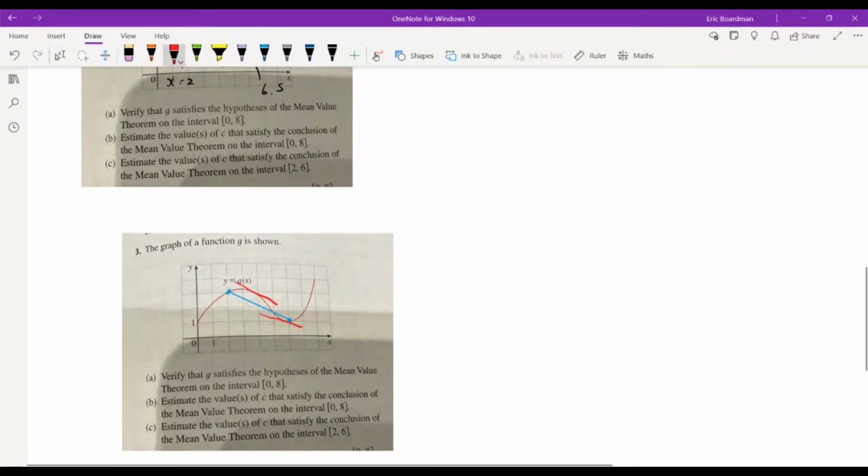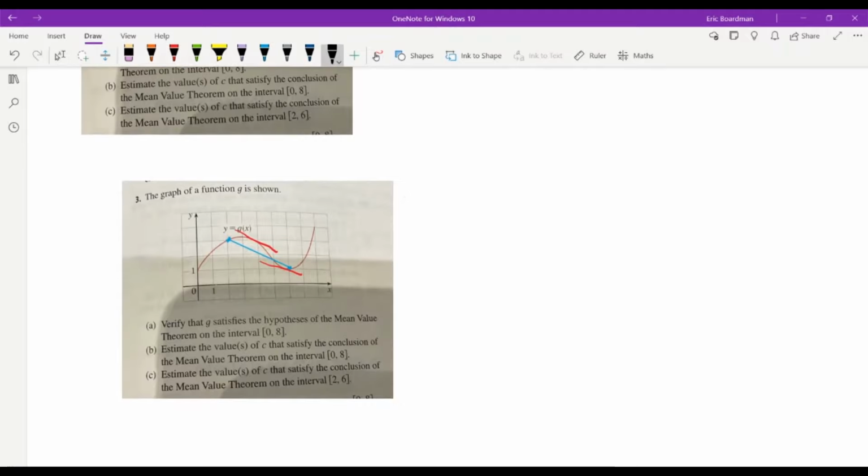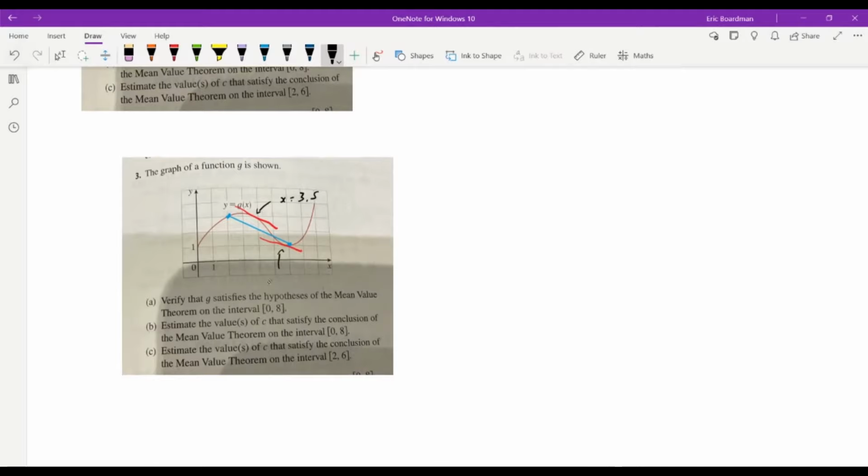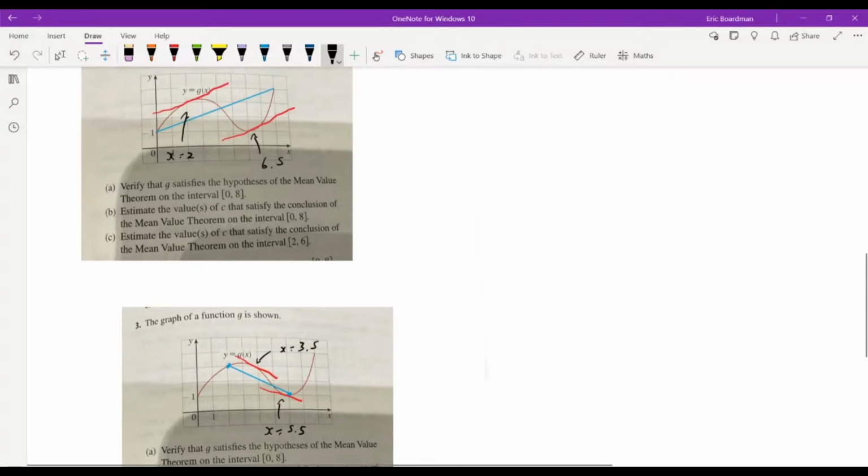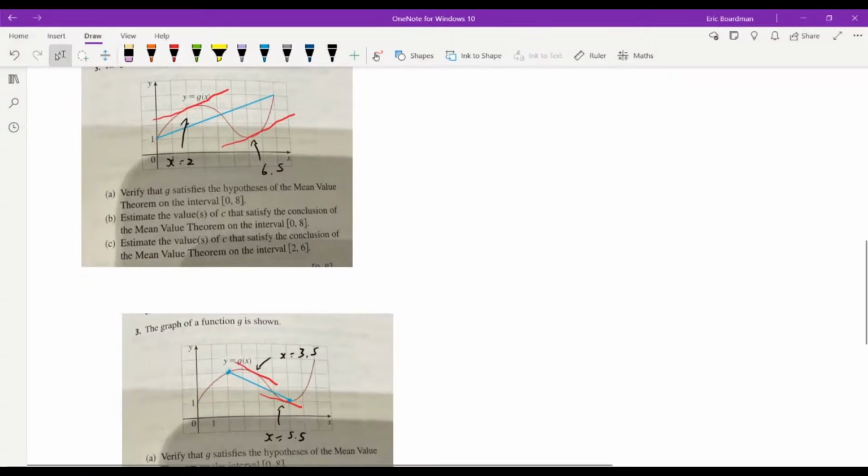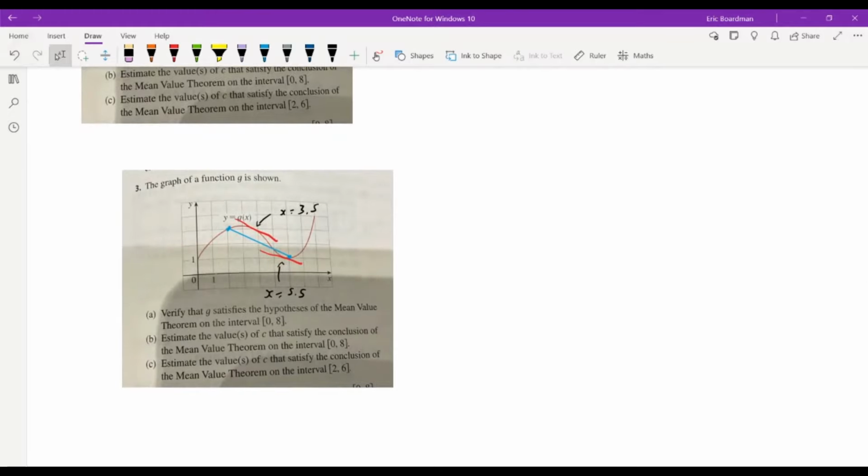So up here, that looks like x equals 3.5 to me. And then down here, that looks like x equals 5.5. So for B, we had 2 and 6.5, and for C, we had 3.5 and 5.5.